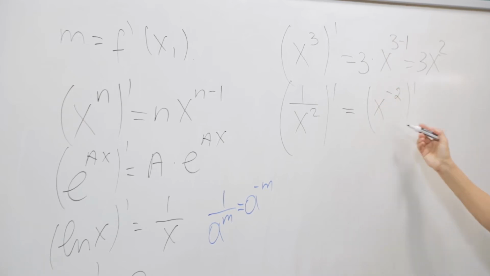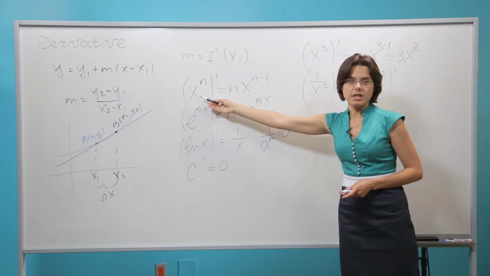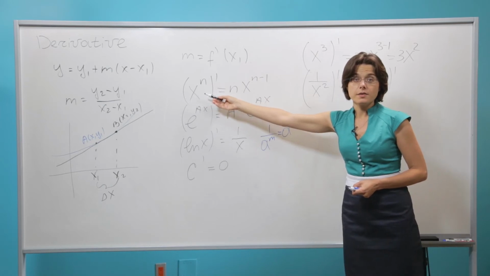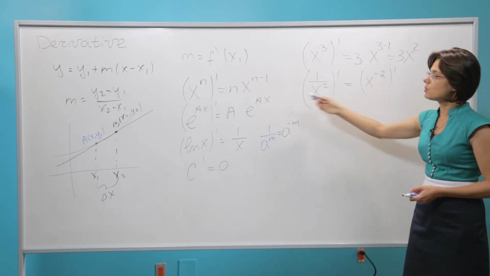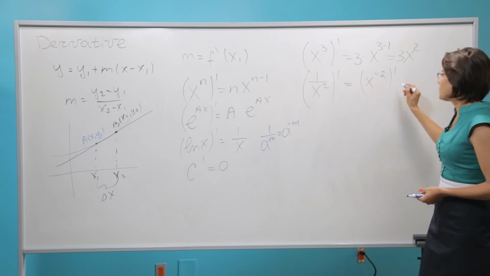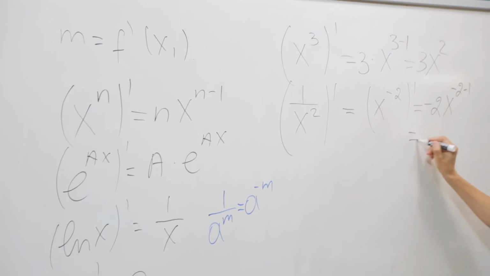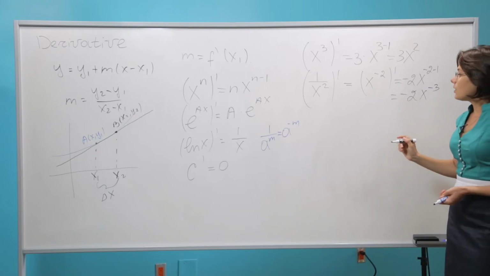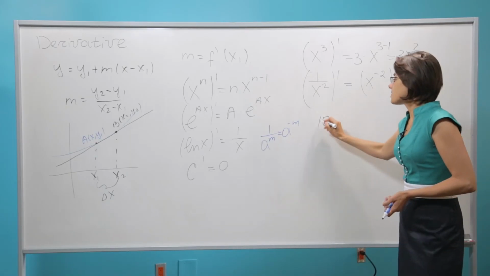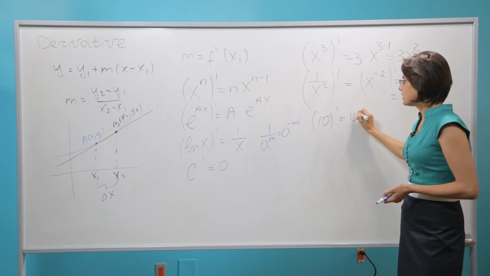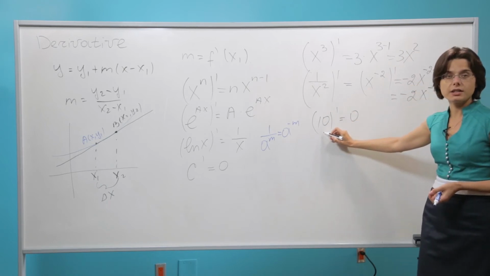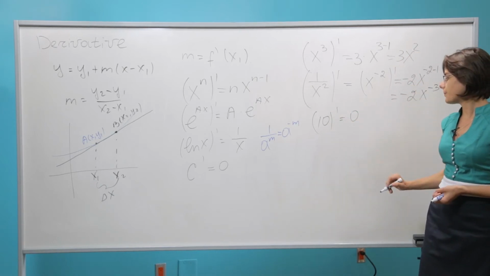And now look what happened. We have exactly this representation as x to the power of n, with n equal to negative 2. So now I just use the formula. The derivative will be equal to negative 2 times x to the power of negative 2 minus 1, which is negative 2x to the power of negative 3. Now, if we want to find the derivative of the constant 10, let's say, again, whatever constant I take here, the derivative is always 0.